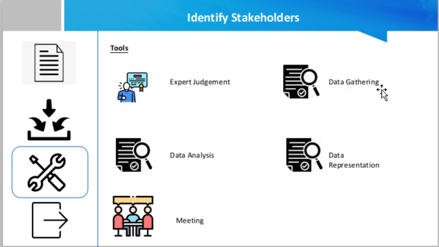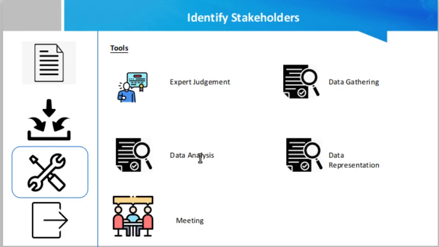Then data gathering techniques. Data gathering techniques means things like brainstorming sessions, interviews, surveys, discussions with the customers, discussions with the relevant stakeholders, etc. to identify the stakeholders. Once you identify these stakeholders, their strengths, their weaknesses, their impact, their influence, then you analyze that particular data.